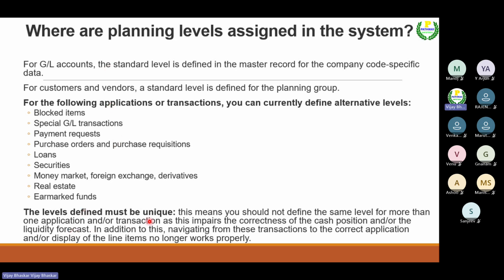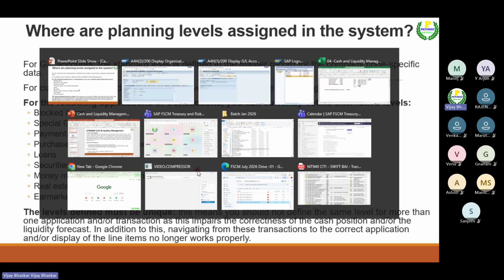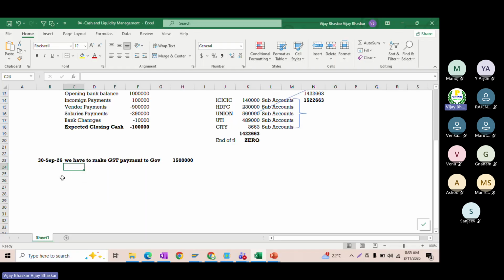The levels defined must be unique. This means you should not define the same level for more than one application. So meaning that the planning, right, the moment we are grouping, let's say now I have defined the group E1. Let us understand, this is, let's say, the planning group.